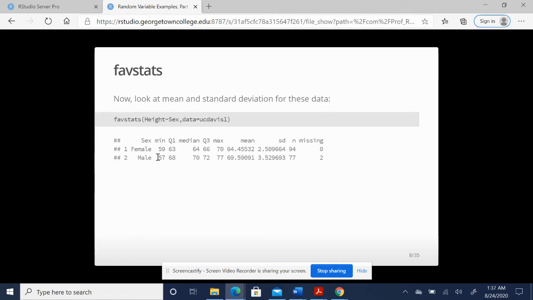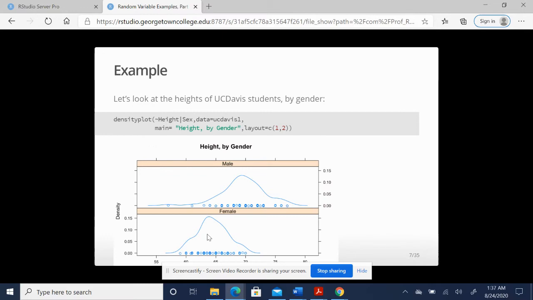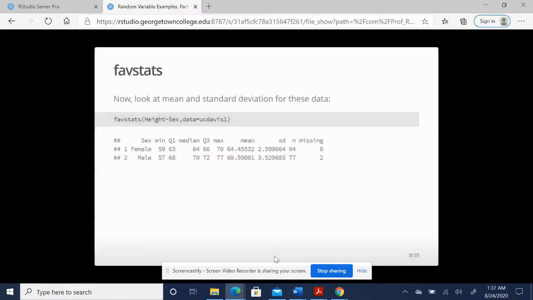We have the females with a mean of 64.4 and a standard deviation of about 2.51, and the males with a mean of 69.59 and a standard deviation of about 3.5. Now, we know that the female heights distribution is bell-shaped. How do I know that? If I look back here, it is fairly symmetric and bell-shaped.